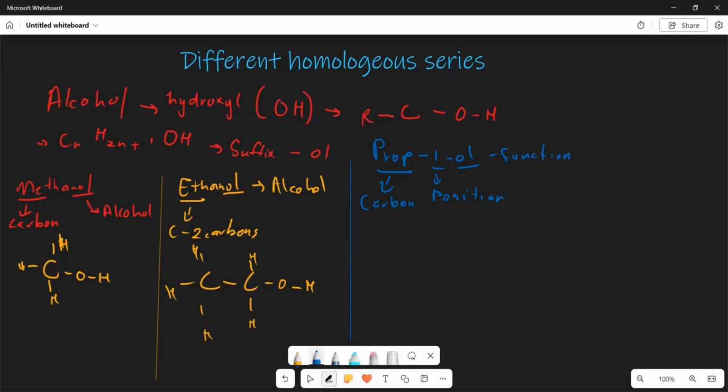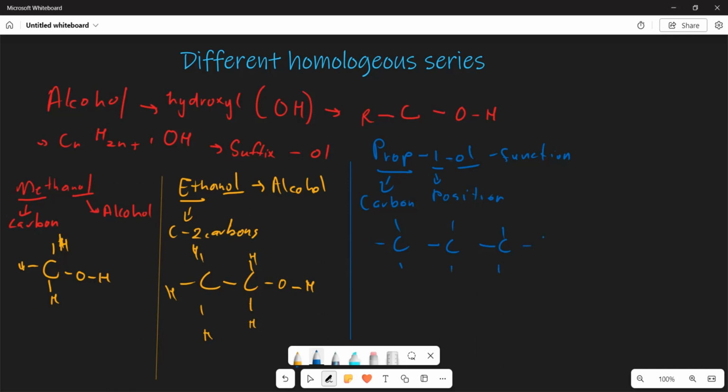Now, if we want to draw this structure, this is going to be your C, this is also going to be your C, and also this is going to be your C, which are going to be bonded together. They said the ol is going to be bonded with the first C, so we are going to find it in here.